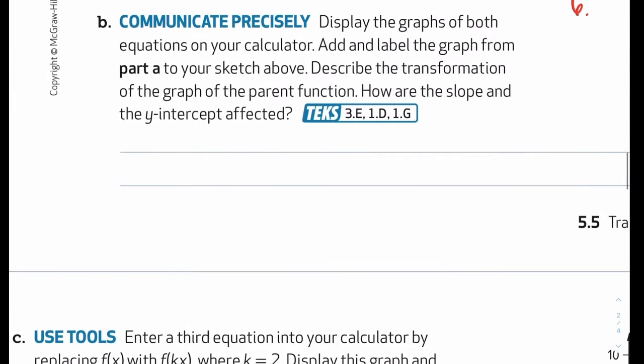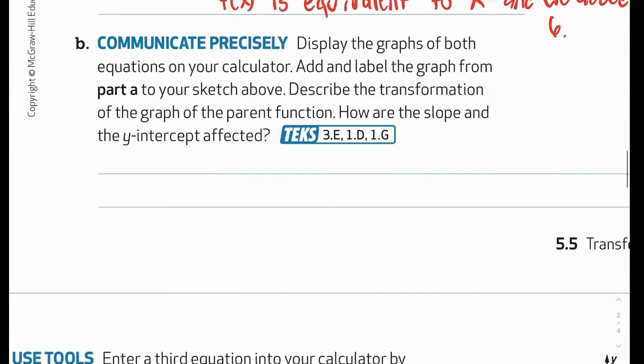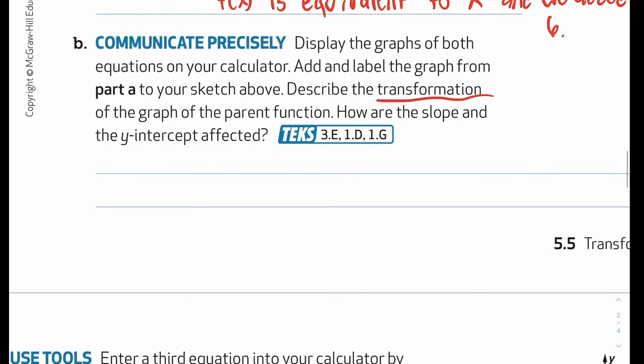Describe the transformation, which means how did the actual picture change this time? Describe the transformation. How did the picture change?